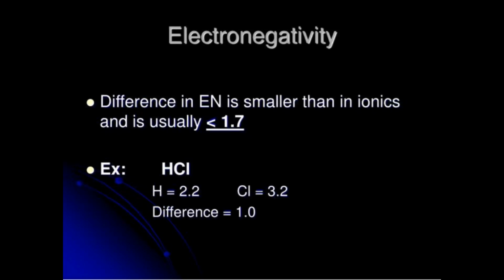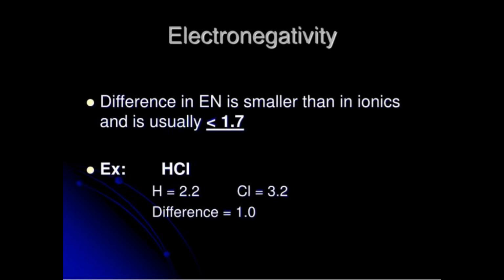Now let's look at some of the key factors that affect covalent bonding. We have differences in electronegativity. For covalent bonding to occur, the difference in electronegativity value of each atom combining together must be smaller than that of ionic bonding, and is usually less than 1.7.